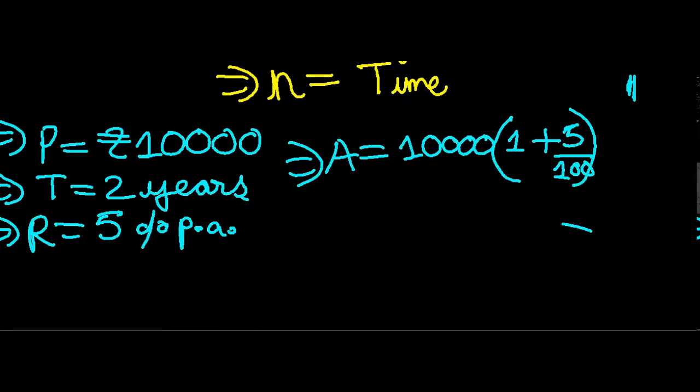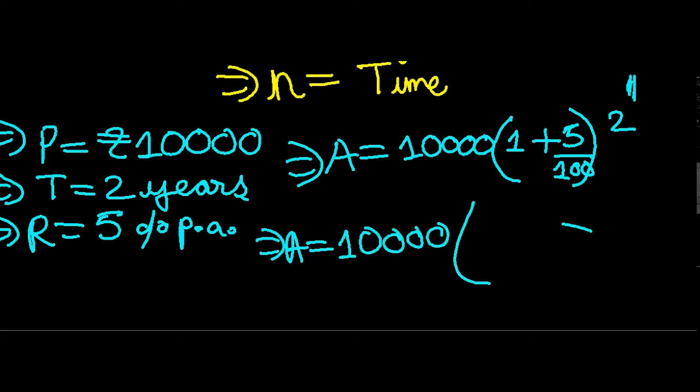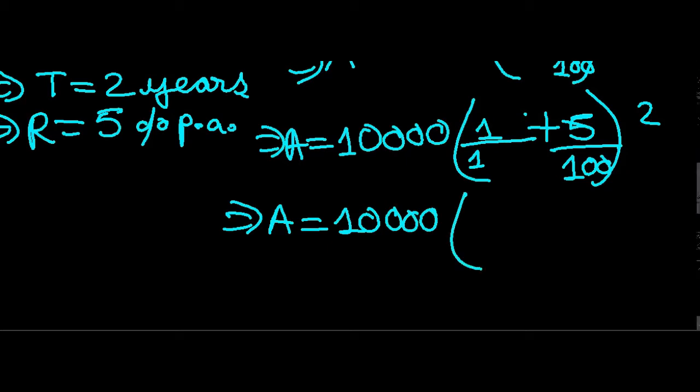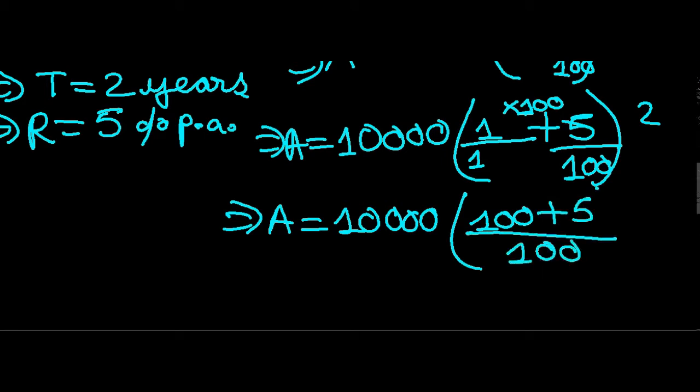And now A is equal to 10,000 in bracket 1 plus 5 by 100. A is equal to 10,000, 1 into 100, and now 100 plus 5 by 100.